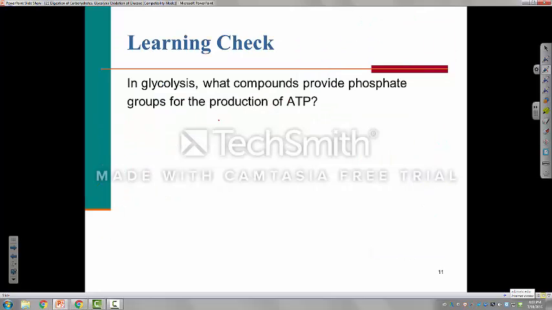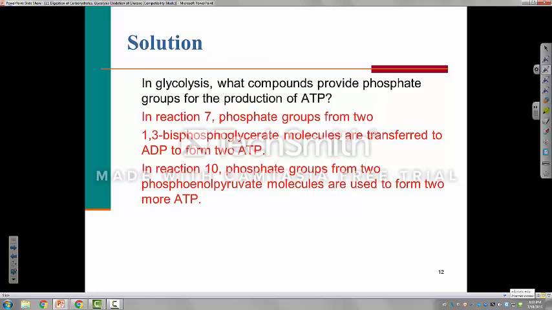I'll let you think about this question. You can pause it if you like, and the answer's here. In the next video, we'll talk about what happens to those carbons of glucose after they've been converted to pyruvate.